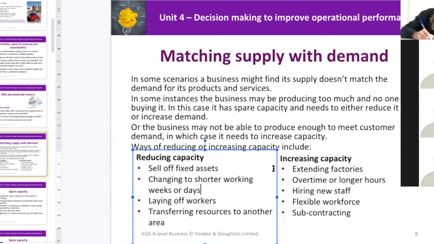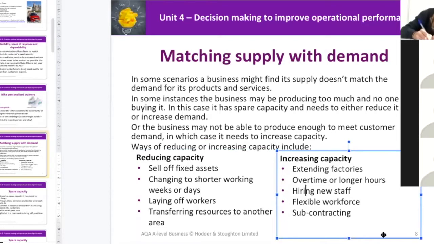On the other side, if the demand is going to be very high, which means there are a lot of people who want to buy your product, how do you increase your capacity to meet this demand? First of all, you can increase the scale of your factory. So now you have 200 people working in the factory, right?